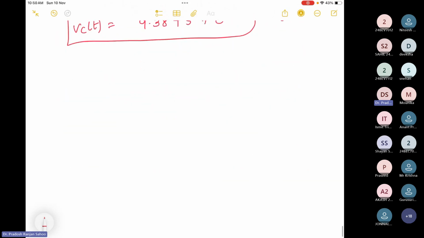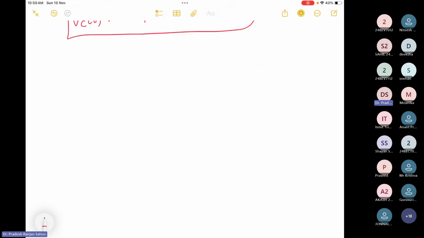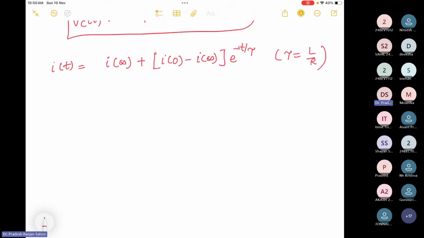Similarly, we can find out current through the RL circuit. Just write down the formula. In the next class, probably today evening, I will take another class, or I will post the video on YouTube. I(t) equal to the current through the inductor at infinity plus I of 0, initial value of current minus I at infinity, into e to the power minus t by tau, where tau equal to L by R or R by L. What is tau?